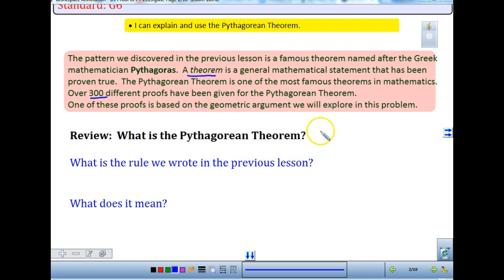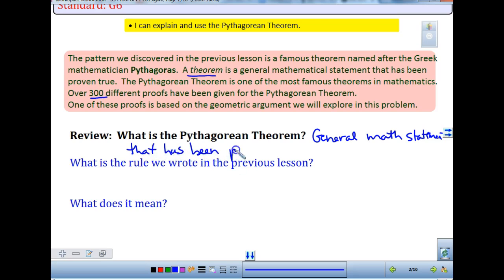So the Pythagorean theorem is just that. It's a general math statement that has been proven true. And because it was proven true, you want to make sure you're writing this in your notes.